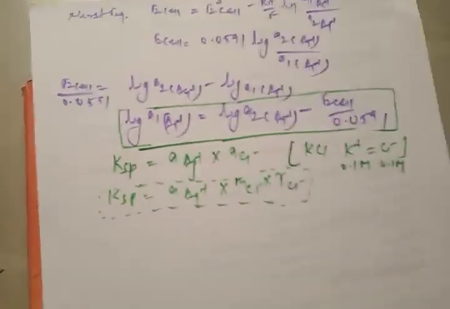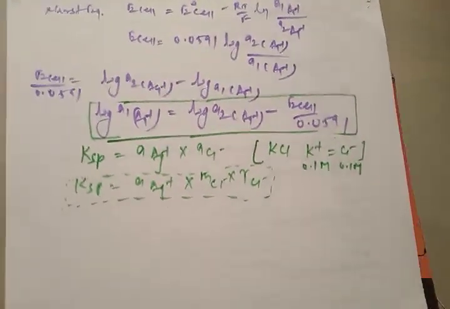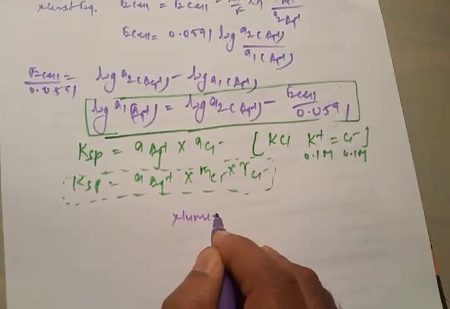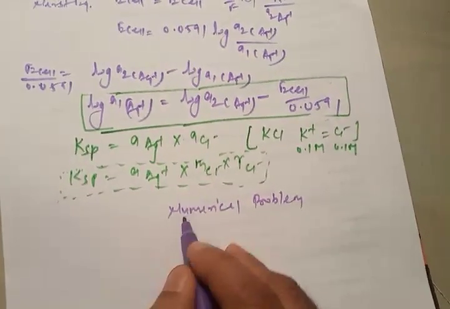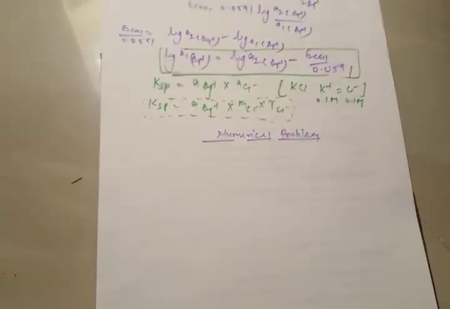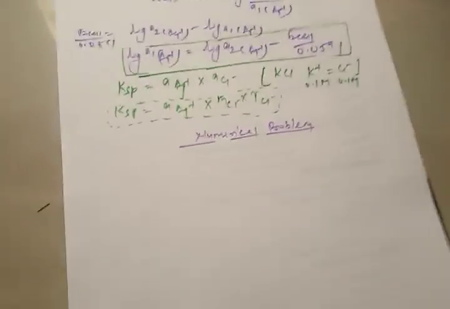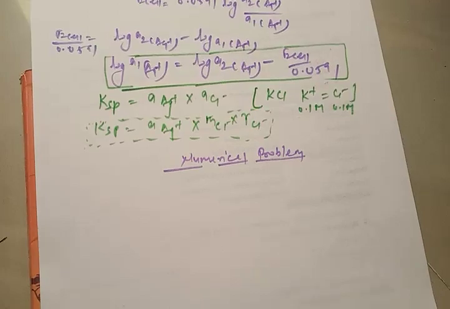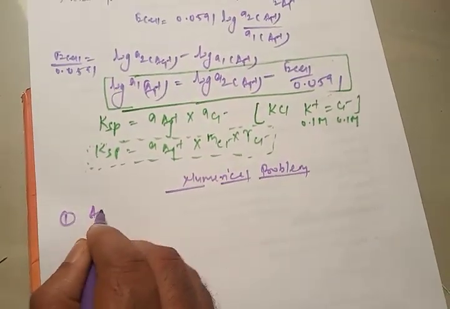So let's talk about some numerical problems, and this will give you a clear insight about the solubility product. Let's discuss the numerical problem. Let's take the example of AgCl first, a very common example.